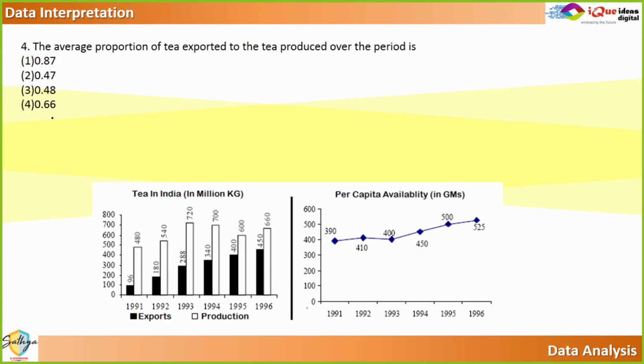The average proportion of tea exported to the tea produced over the period. Average proportion of exports to that produced is how much? This should be simple. It's only calculations.